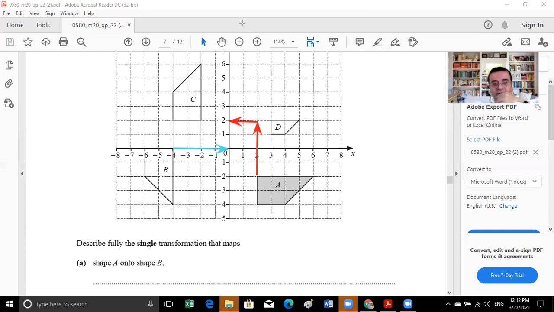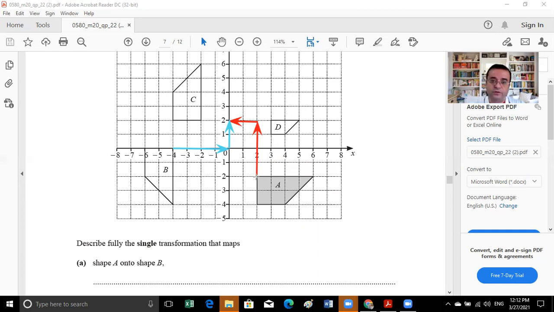After rotation, this one becomes here, and this one comes here. So what is the center? 0, -2.